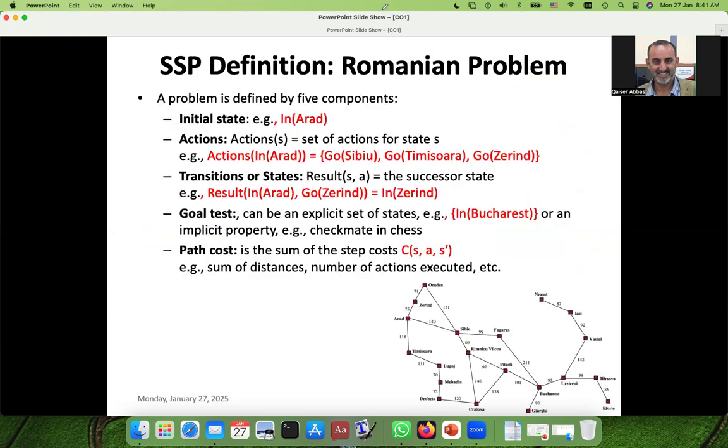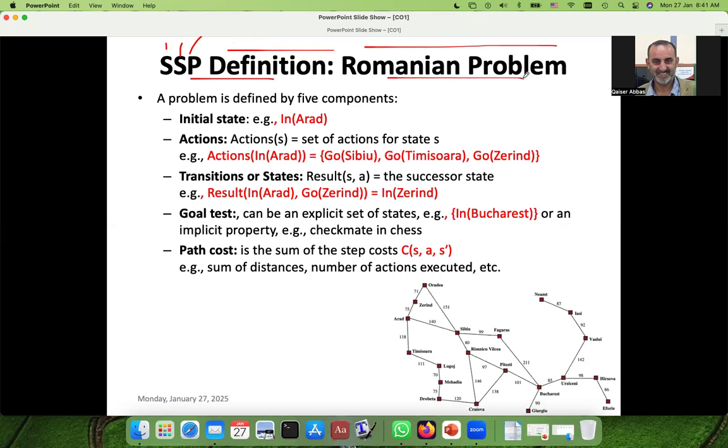So that's why we are taking a Romanian problem and we are going to define its state space problem definition, or you can say problem definition simply. So this slide is about the problem definition of a Romanian problem.